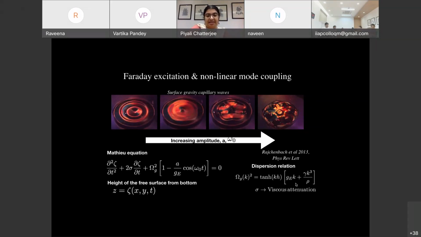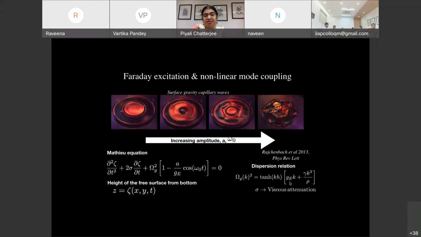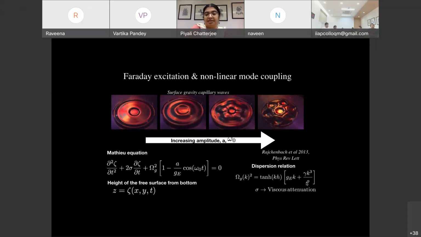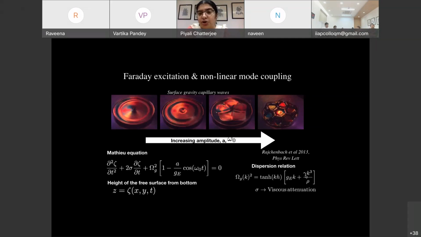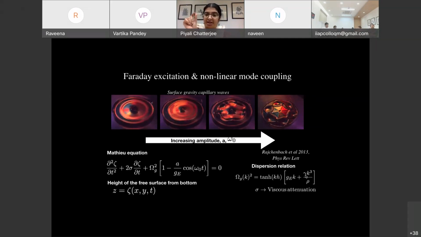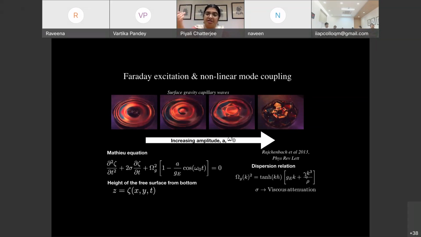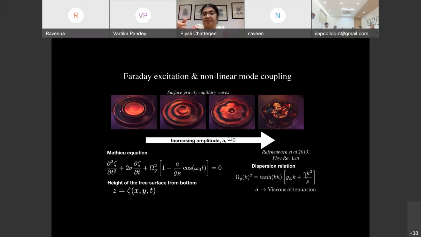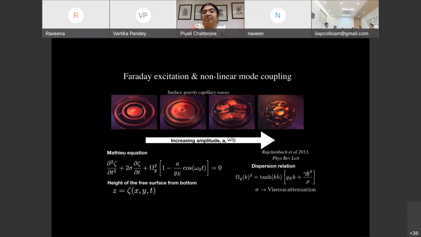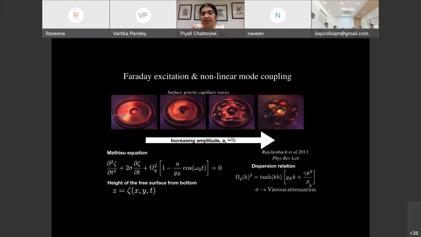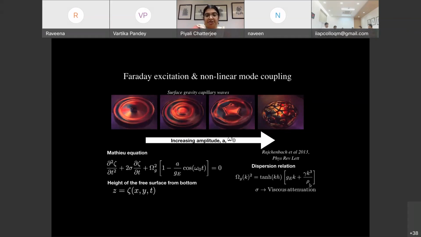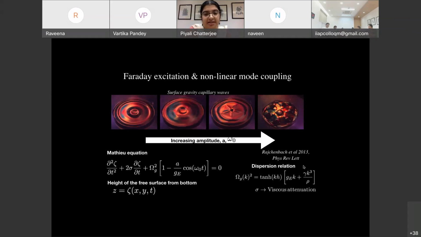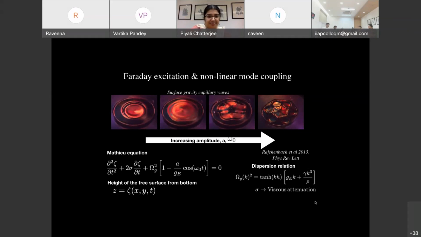Most of you will recognize this first term, which is gravity multiplied by the wave number, and then you have this last term where gamma is the surface tension. If your waves become smaller and smaller, the importance of surface tension increases. But if your waves are bigger, then the surface tension does not play a role. You can call them surface gravity waves. But for smaller and smaller waves, you cannot neglect the influence of surface tension.